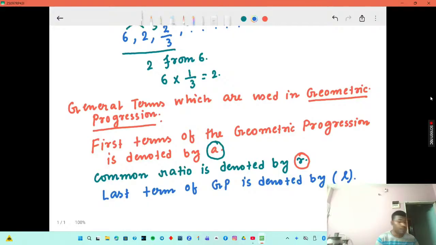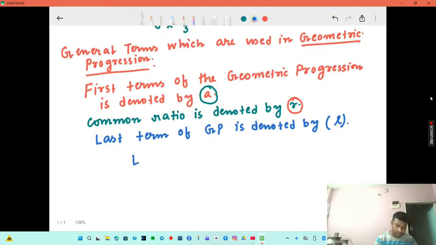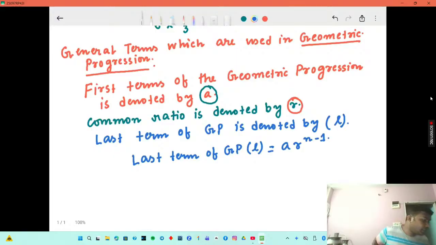Okay. Now I will write the formula of the last term for you. The last term of a GP, that is l, is equal to a r to the power n minus 1. Is it clear?